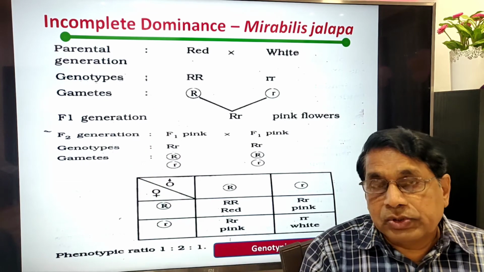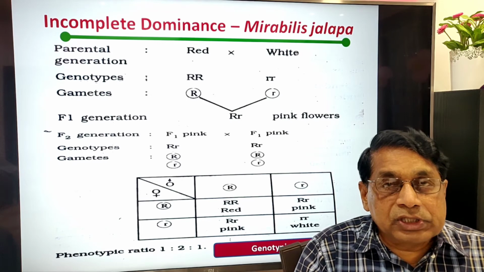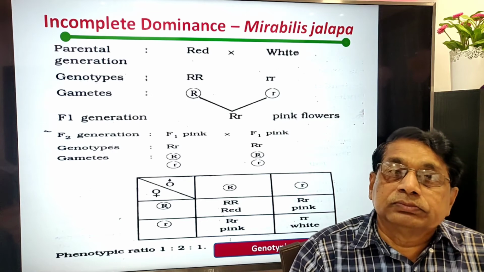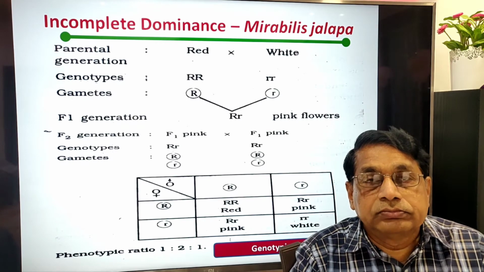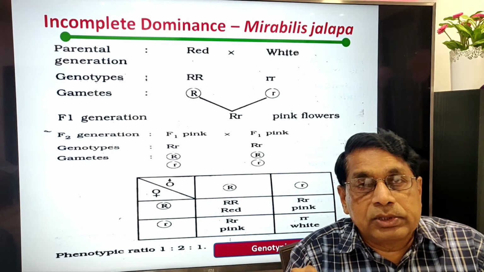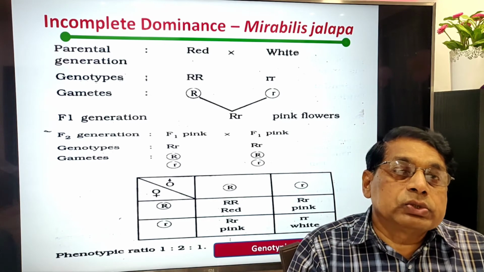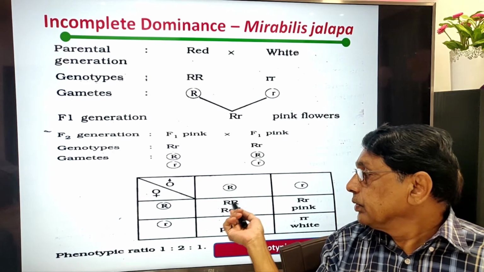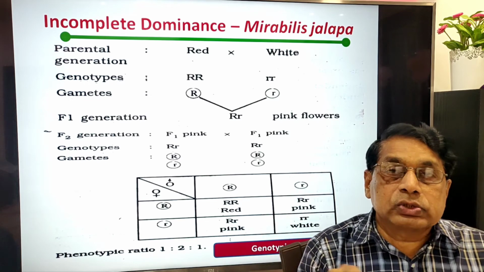Then he proceeded with the usual experiments, F2 generation. In the F2 generation, he got red 1, pink 2, white 1. That means phenotypic ratio red, pink, white is 1:2:1. Similarly, genotypic ratio 1:2:1.